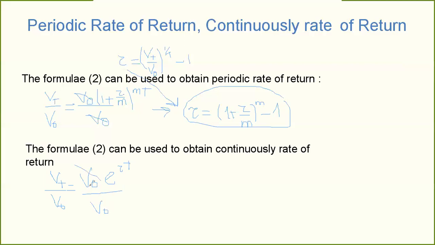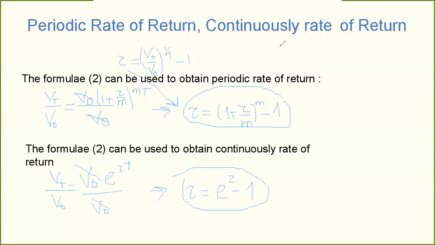What does this formula look like? Yes, e to the power R minus 1. Minus 1. Well done, good job. Thank you. And we have this formula.